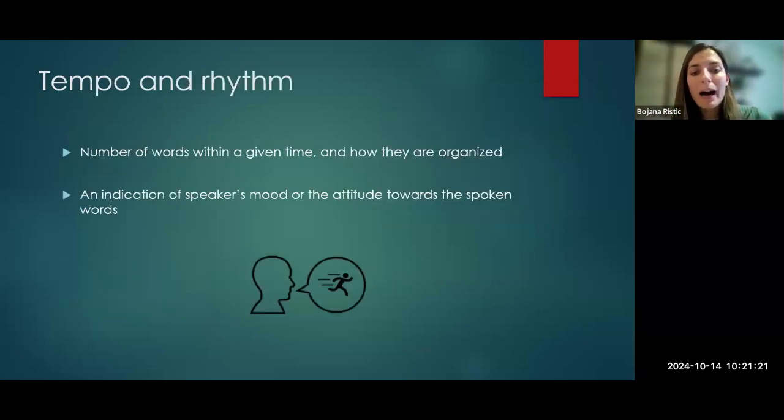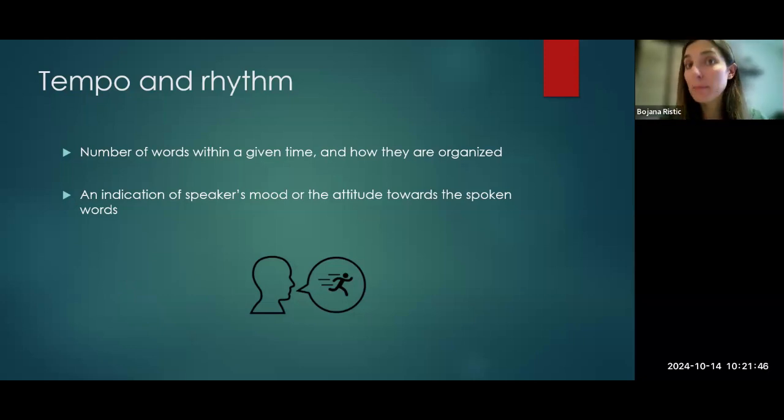Tempo and rhythm are a little bit harder to determine. Let's say that the tempo in musical terms is the number of something per minute or number of words within a given time. And how they are organized. There are differences between the languages here.